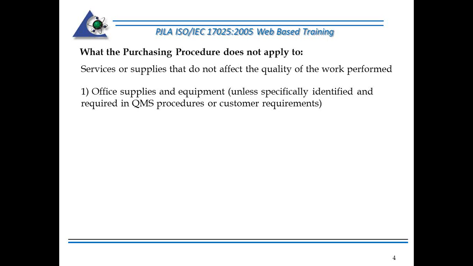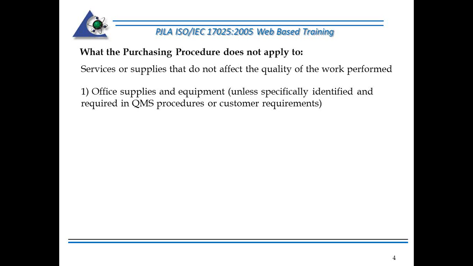For instance, office supplies and equipment would not be items that you would have to take into account and apply your accredited purchasing procedure to, with the exception of specifically identified and required equipment that is documented in your quality management system or that is required by specific customer requirements. And these would be requirements that are over and above the requirements of the standard.